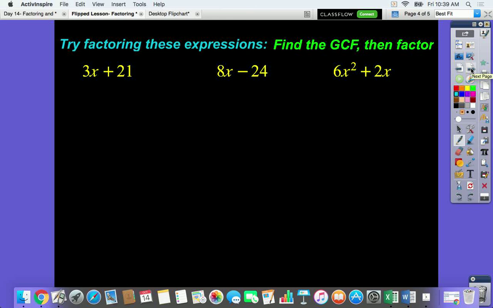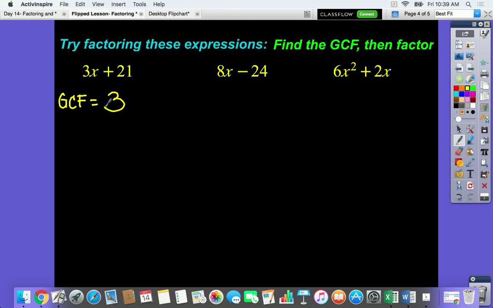All right, let's see if we can try a couple of examples, maybe with some shorter steps. So we're going to start with 3x plus 21. What's probably going to start happening for you guys is you're going to probably begin to be able to do these steps a little bit faster. I'm looking for my GCF of 3x and 21. I know that 3 times x, 3 and x are the 2 factors of 3x. 3 times 7 are the 2 factors of 21.